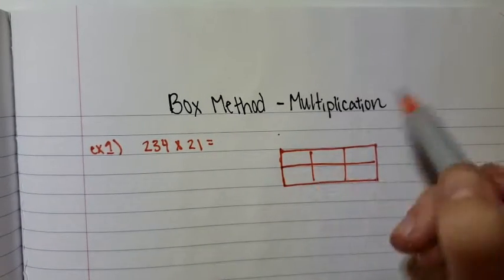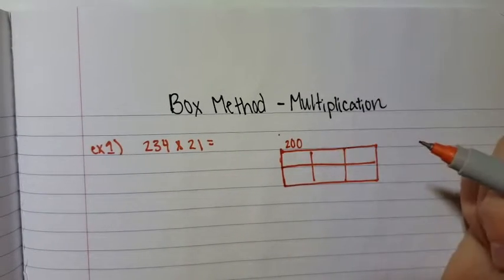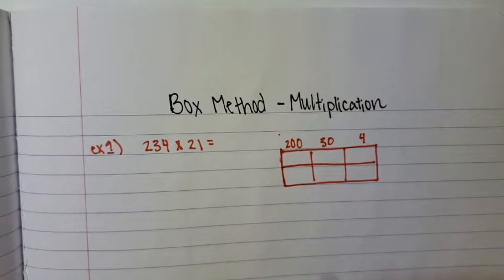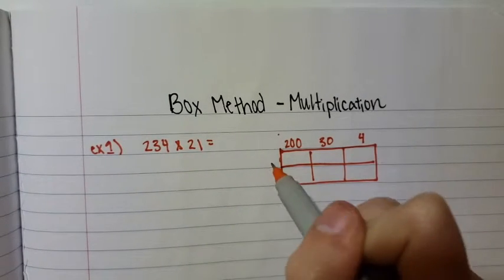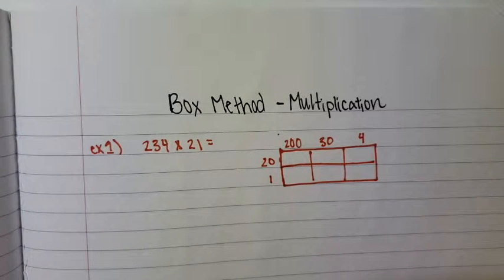So on top, you're going to split 234 into 200, 30, and 4, and you're going to split up 21 as 20 and 1. Make sure you stay organized in this because it can get really messy if you don't.